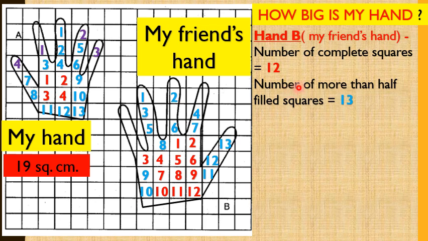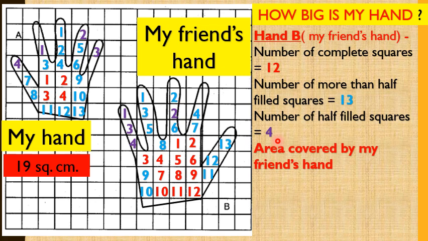There are 13 more than half filled squares. Lastly, we will find the number of half filled squares. 1, 2, 3, 4. So there are 4 half filled squares.